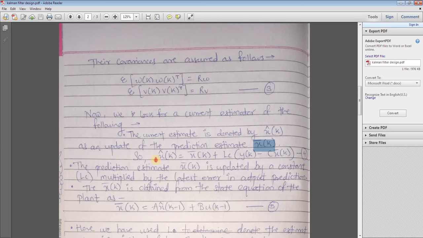So x cap of k equals x bar of k plus this constant L times C, y of k minus C x bar of k. This is the fourth equation. We have already seen this equation, this constant, in the case of the regulator design.